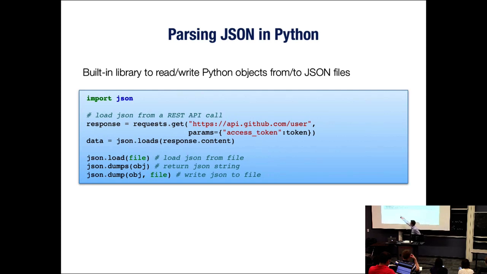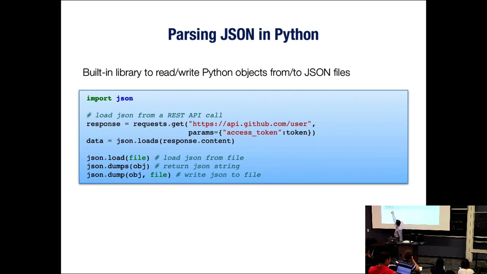But you can also load it instead of from a string. The S at the end there stands for load from a string. You can also load it from a file or dump it to a string. Just to be clear here, json.loads takes a JSON string and returns a Python object, which is called data.